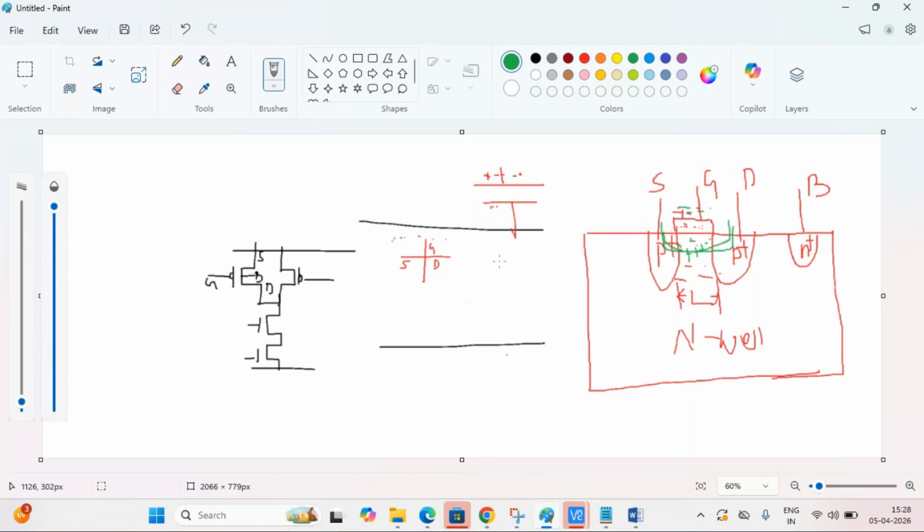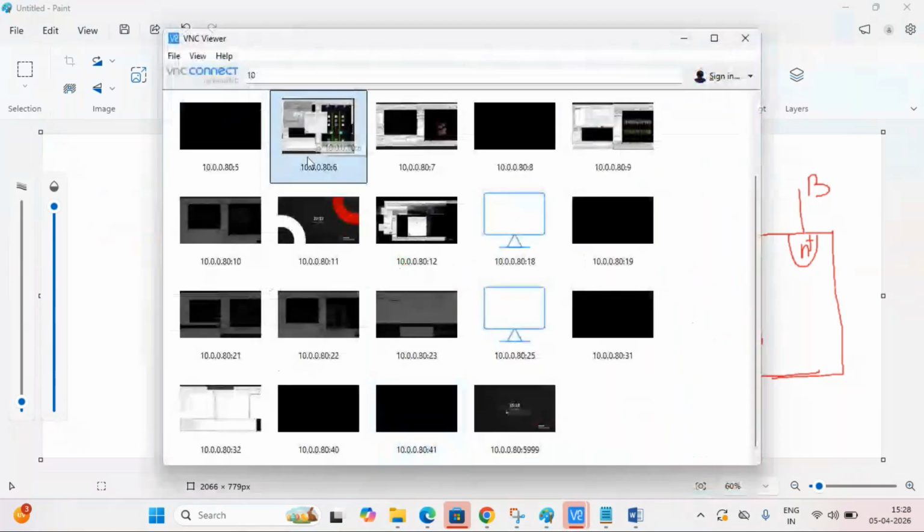Now in the layout, first we have to do a stick diagram. This is just what I'm telling you; for the tool demo we have a separate lecture.